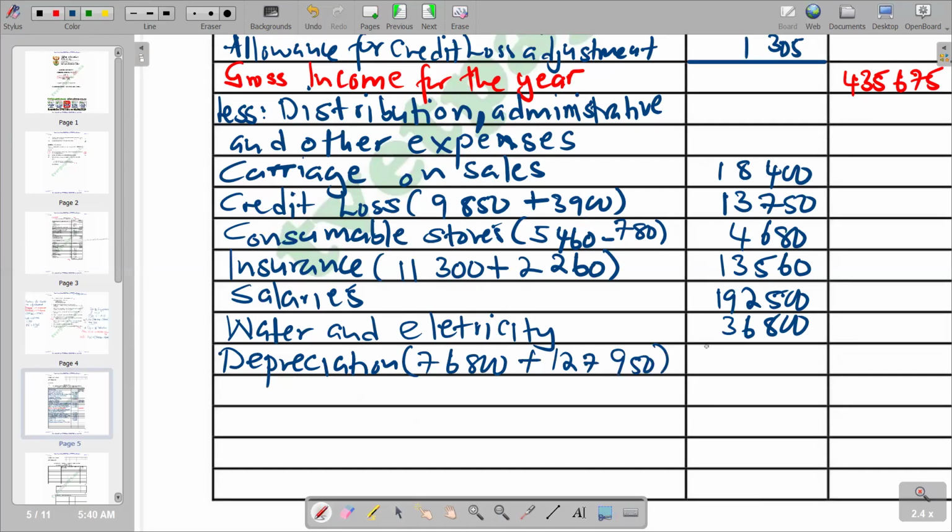And then we are going to get a total of 204,750. And that's how we try to confirm that calculation.